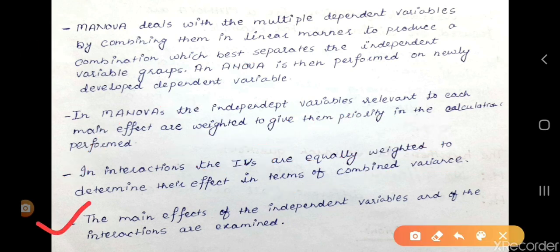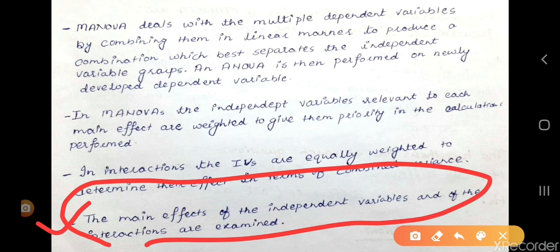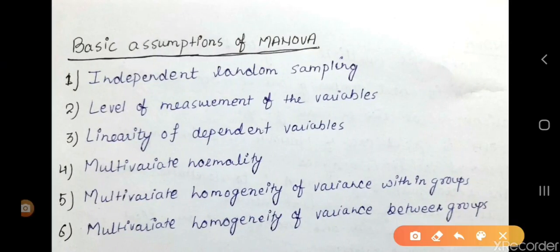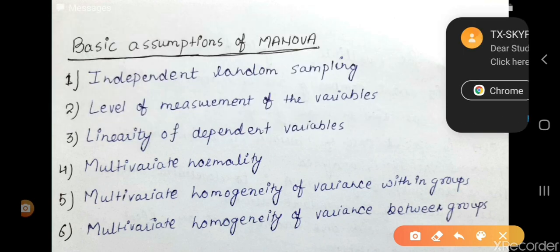Next, the main effect of the independent variables and of the interactions are examined. In MANOVA, the main effect of these independent variables and the interactions are examined on the dependent variables. Clear? Next we will see the basic assumptions of MANOVA.